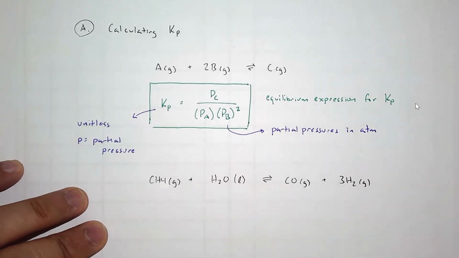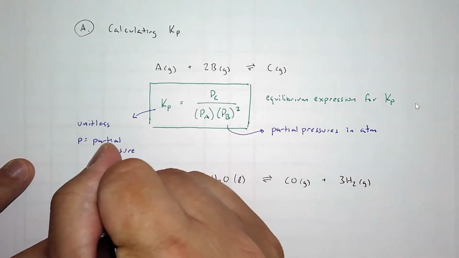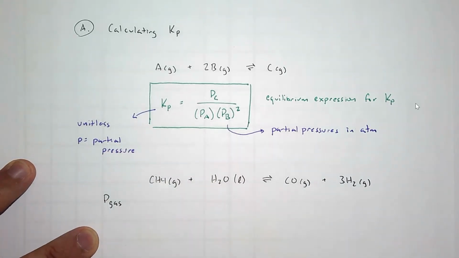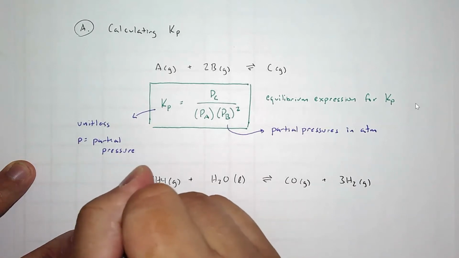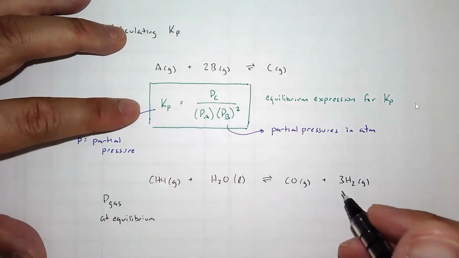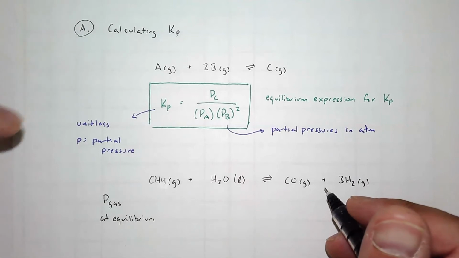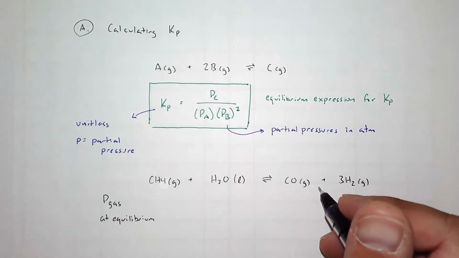Well, let's actually also put some values. So let's say the partial pressure of each gas is going to be listed here, and it's the partial pressure at equilibrium. Now we could get obviously a Qp, right? Q typically is the conditions where the concentrations or partial pressures are off equilibrium.